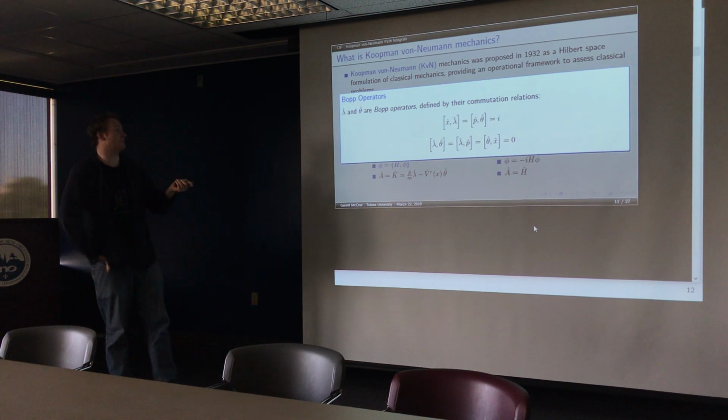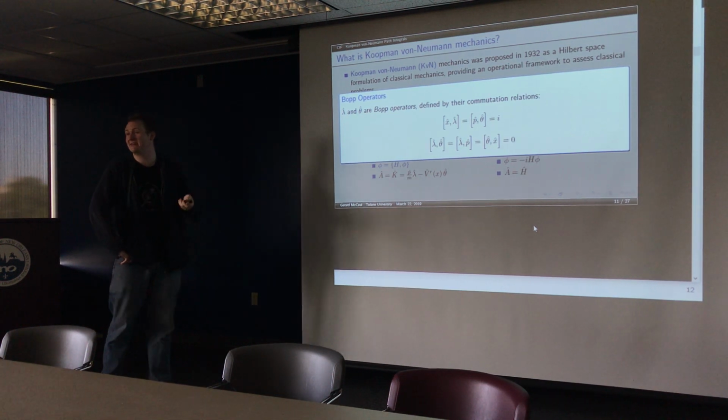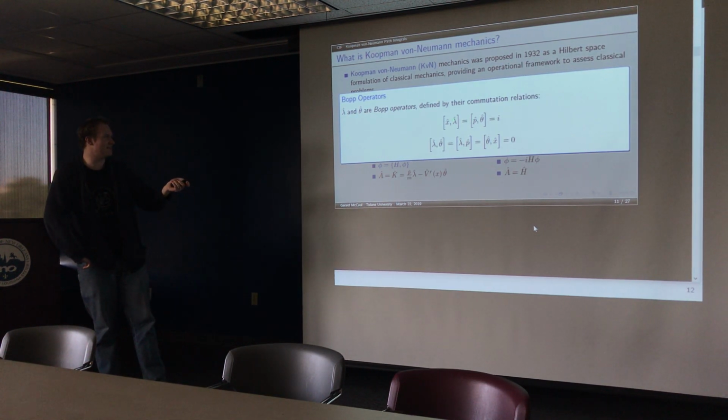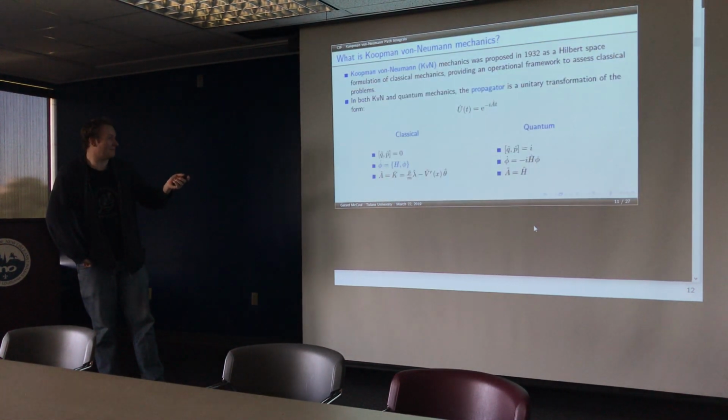They're not observables, but it turns out if you want dynamics, your operators can't commute with everything, so you have to include new things if X and P commute. So here you see that there's one non-commuting operator for position and one non-commuting operator for momentum, and everything else commutes.